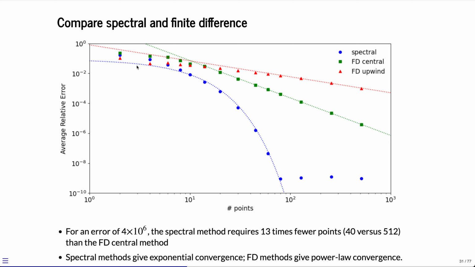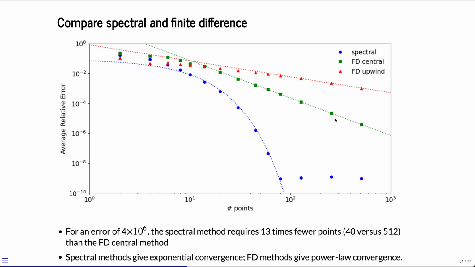And so you can see that, plotting these on log scales, the spectral method has what's called exponential convergence. It converges faster than any power of n. Whereas the finite difference methods are power law.